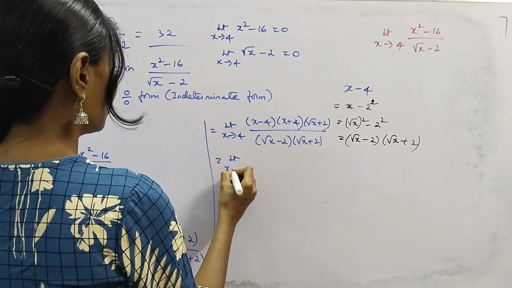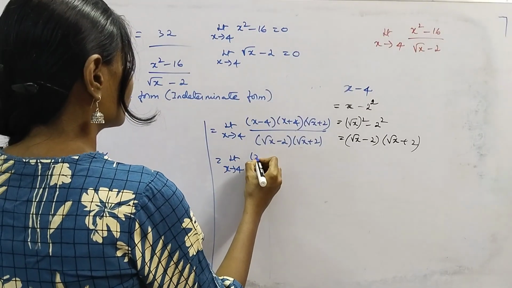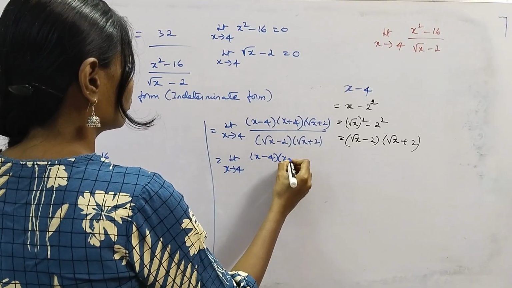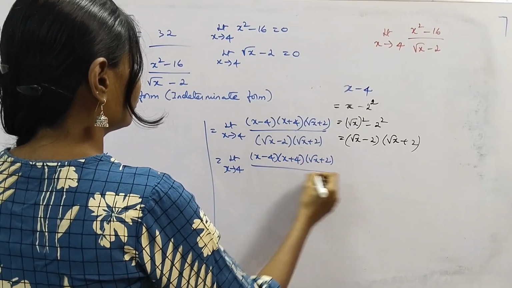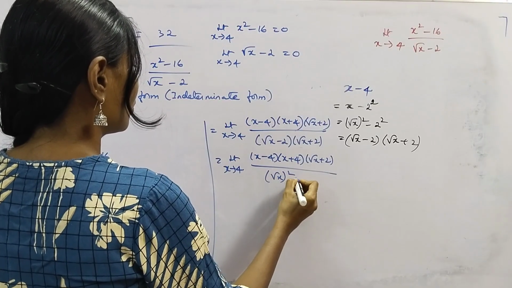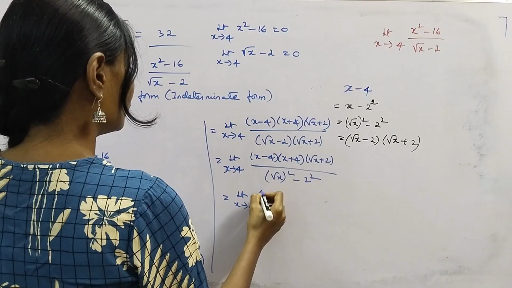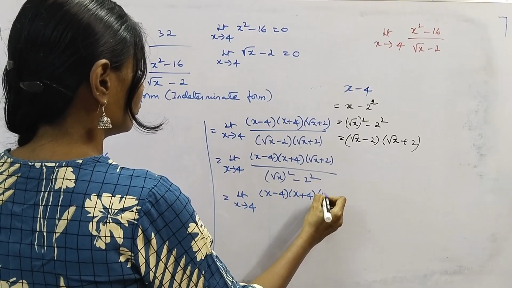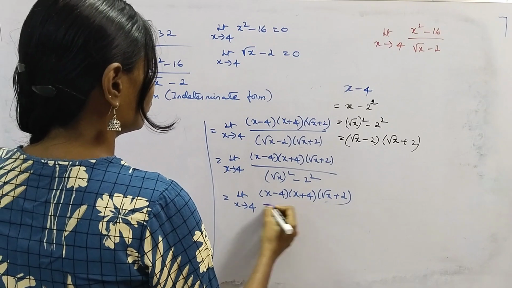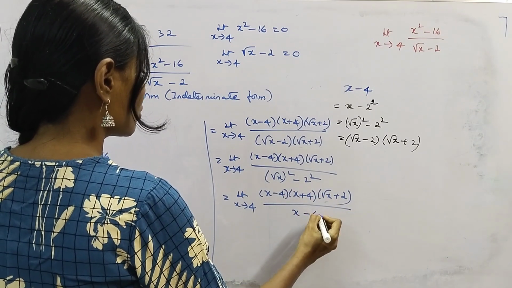Which gives us a square minus b square. Square root of x whole square is x, minus 2 square is 4.